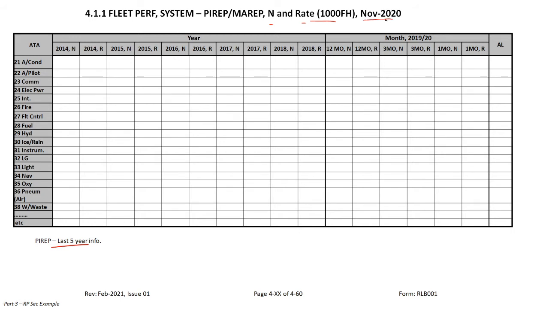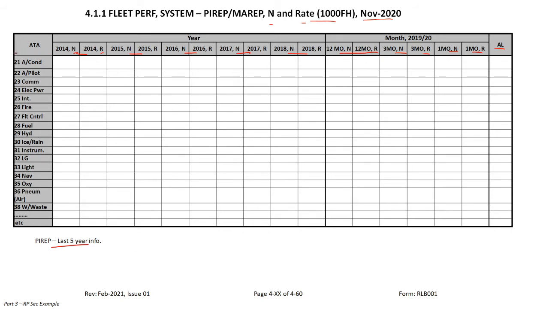2020. What we have here, let's start from the right: alert level and reporting month and year. So 1 month numbers, rates, 3 months numbers, rates, 12 months numbers, rates, and from year we have 2018, 17, 16, 15, 14 numbers and rates.